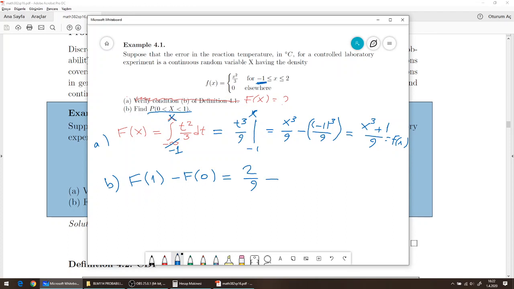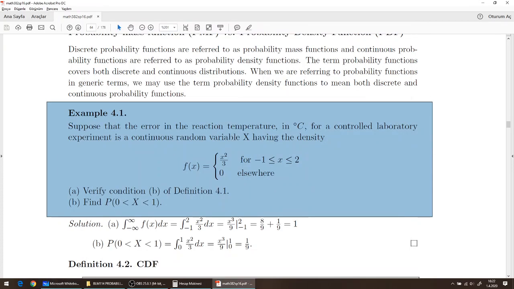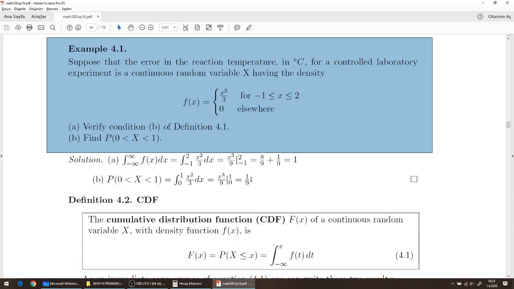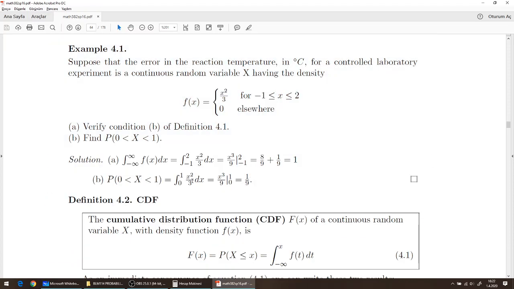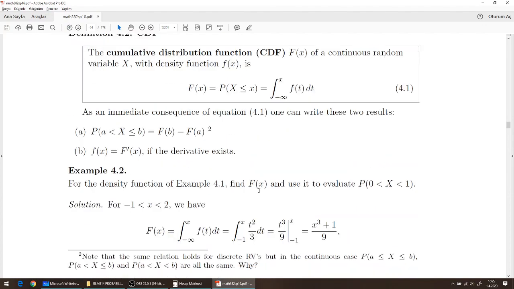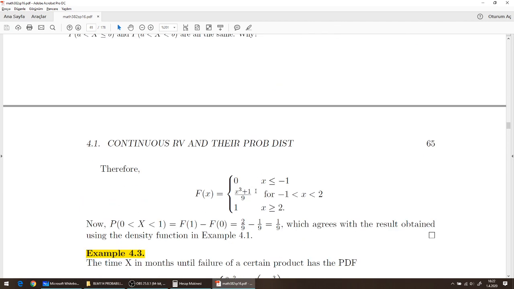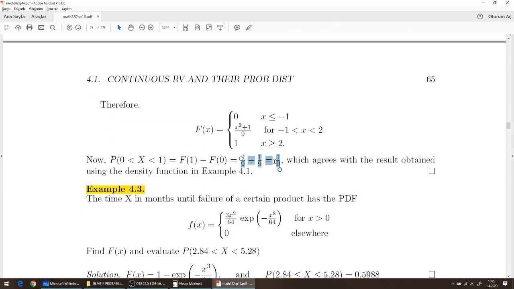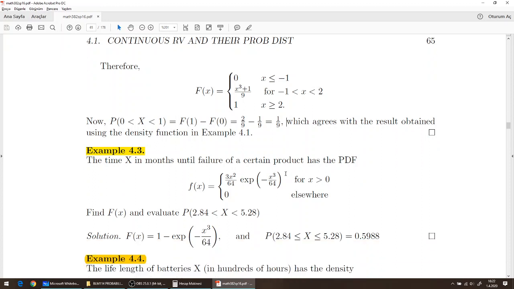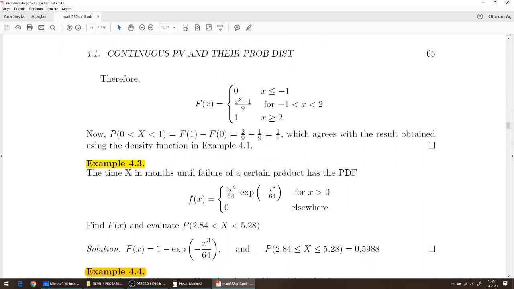If you put 0 for x, you get 1 over 9. The result is 1 over 9. I think you remember it is the same as the one calculated with the PDF in the previous question. If you calculate it using the CDF, you find the same result.